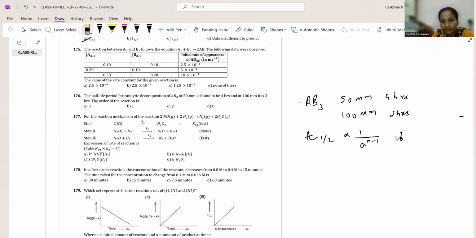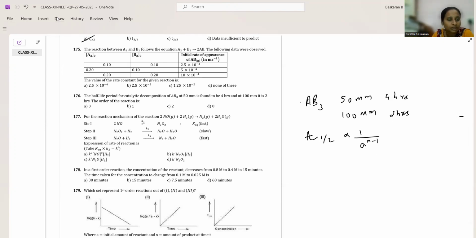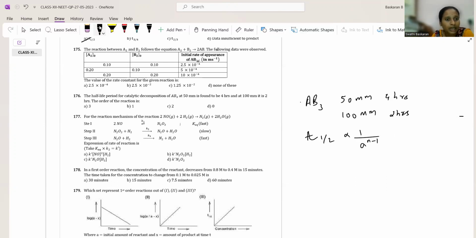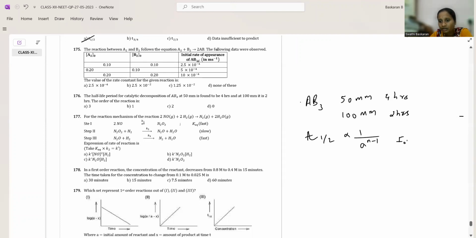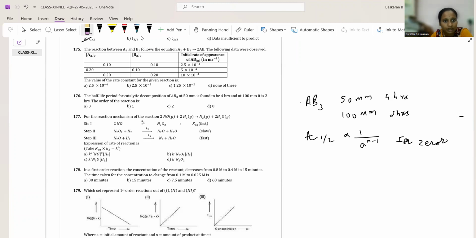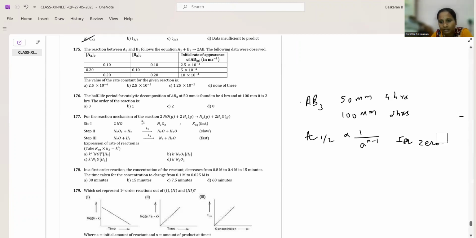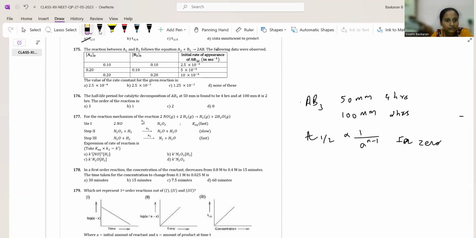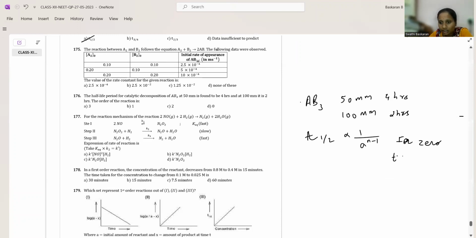For a zero order reaction, T half will be directly proportional to the initial concentration. For zero order reaction, T half will become directly proportional to A, correct? So T half is directly proportional to A.